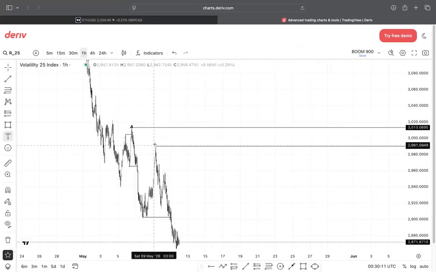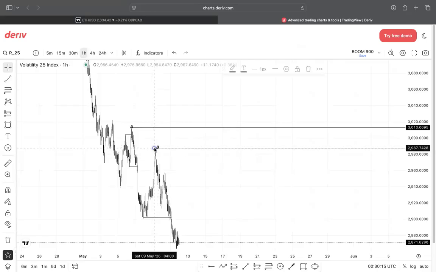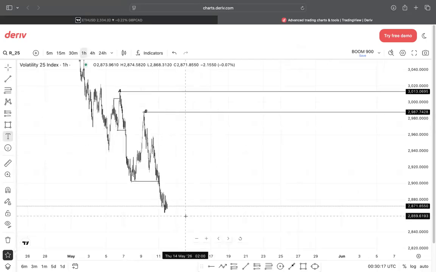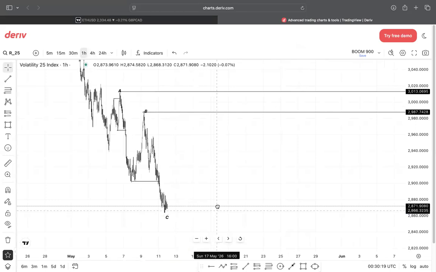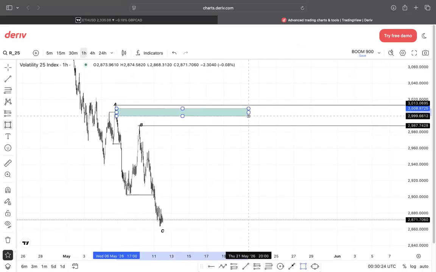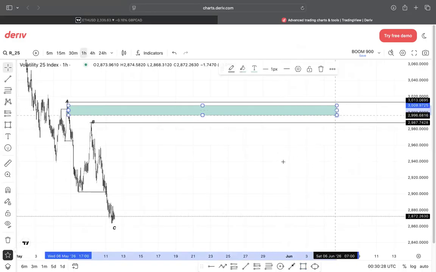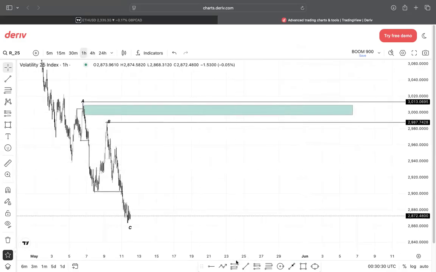And then B is my structural liquidity, and then C is my target, which is my take profit. So I'm expecting price to come here.